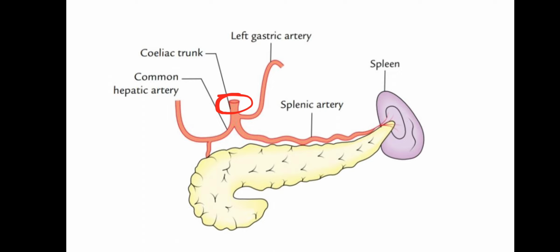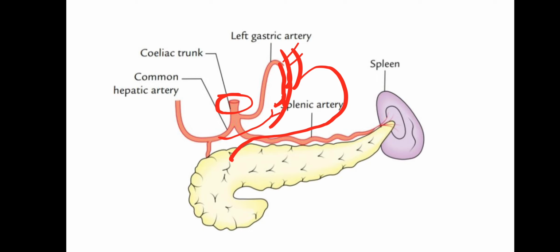As you can see, it goes upwards to the cardiac end of the stomach, where it gives some esophageal branches to the lower end of the esophagus, and then it supplies the lesser curvature of the stomach and ends up by anastomosing with the right gastric artery. This is all about the left gastric artery.